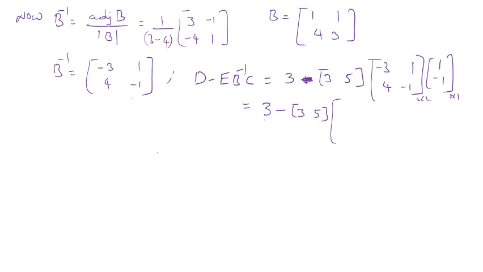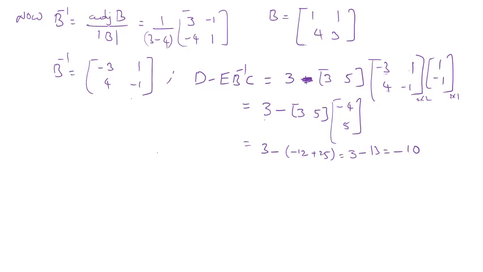Minus 3 into 1 minus 3 minus 1, so this is minus 4. This is 4 plus 1, 5. Now this is 3 minus, 3 into minus 12 plus 25, this is 13, right? 3 minus 13, so minus 10 is the value.